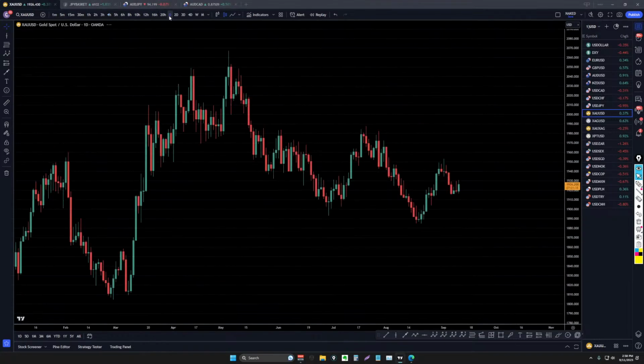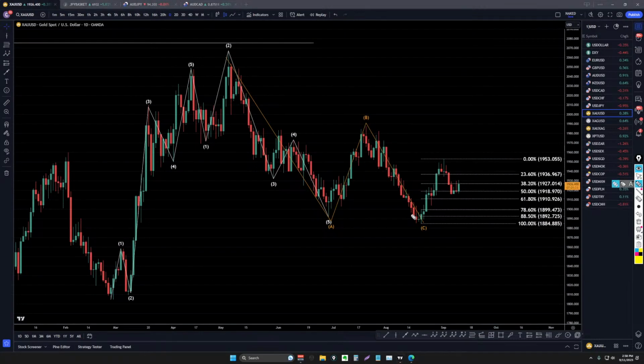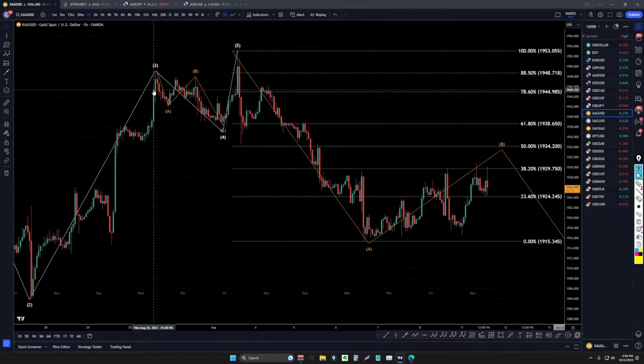Either that, or maybe this really is a wave ABC, because CPI would cause it to go up, and then the FOMC on the 20th of September would potentially cause it to go down. So we're going to have to wait and see whether this next move up is really a wave 3 or whether it's a wave C.